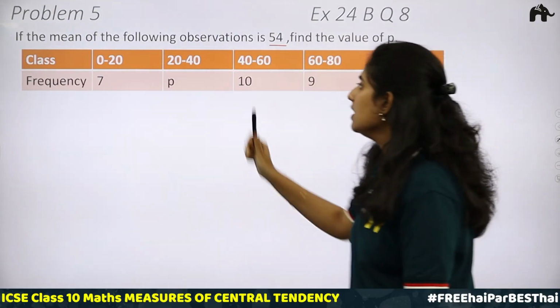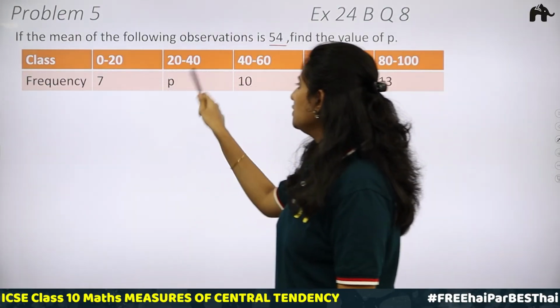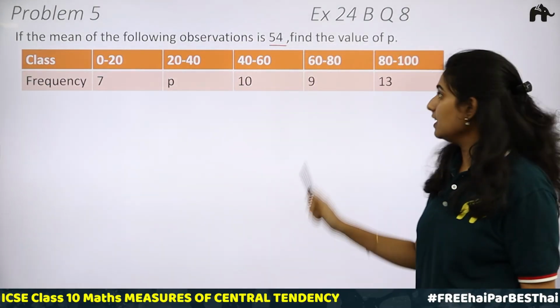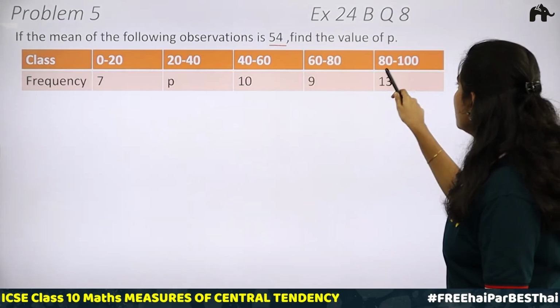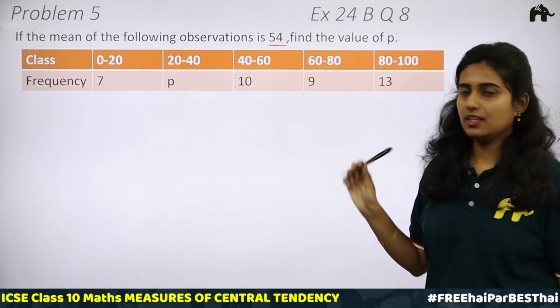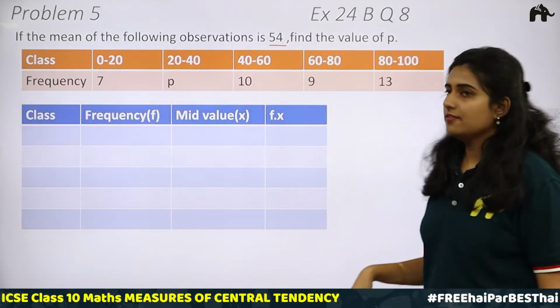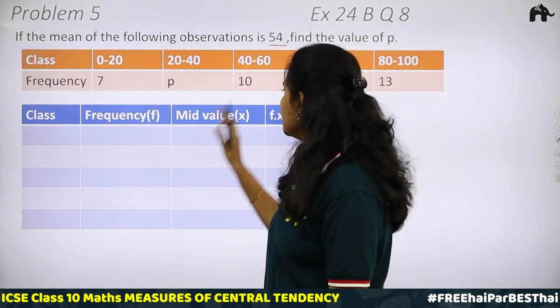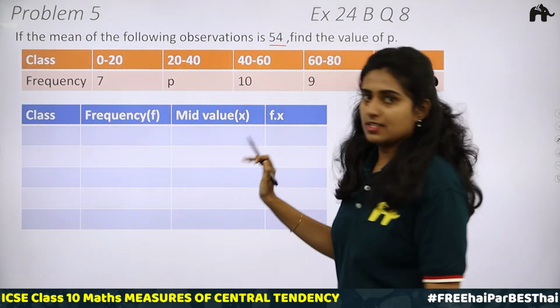Class and frequency: 0 to 20, 7; 20 to 40, P; 40 to 60, 10; 60 to 80, 9; and 80 to 100, it is 13. So, in the table, we need class, frequency, mid values and fx. So, this is a class.